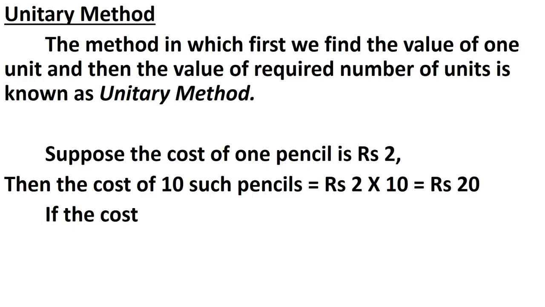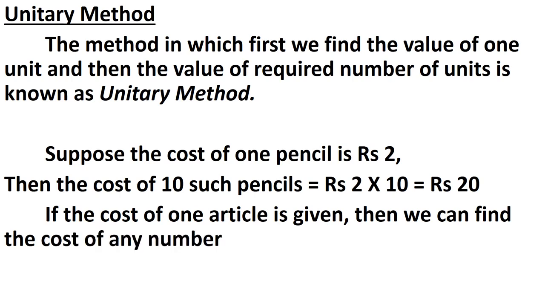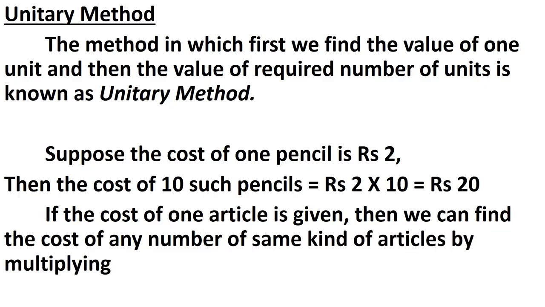Now if the cost of 1 article is given, then we can find the cost of any number of articles of the same kind by multiplying it. Cost of 1 article is given. Then how do we find the cost of many? By multiplying it.